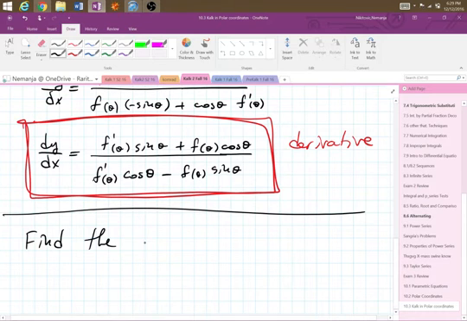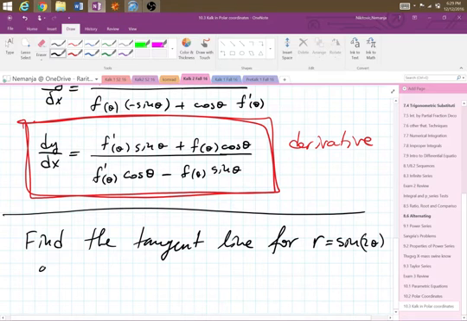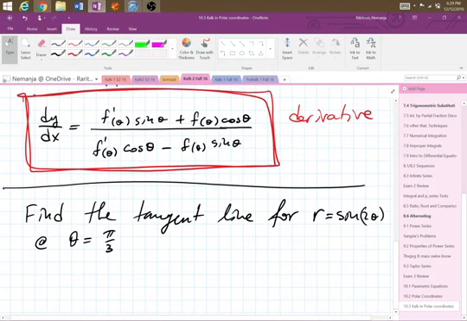Find the tangent line for r equals sine 2 theta at theta equals pi over 3. Tangent line, y equals mx plus b. I can find the point r, theta like this, and use the conversion to transform that into an x and a y, so I have x and y for my tangent line calculation.